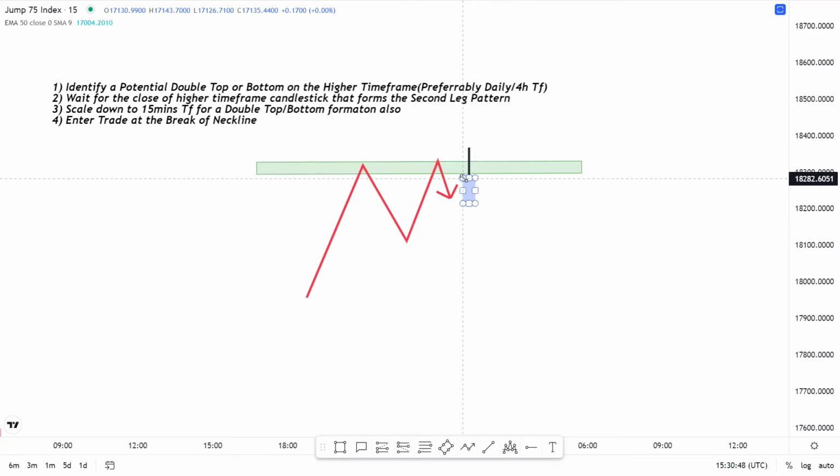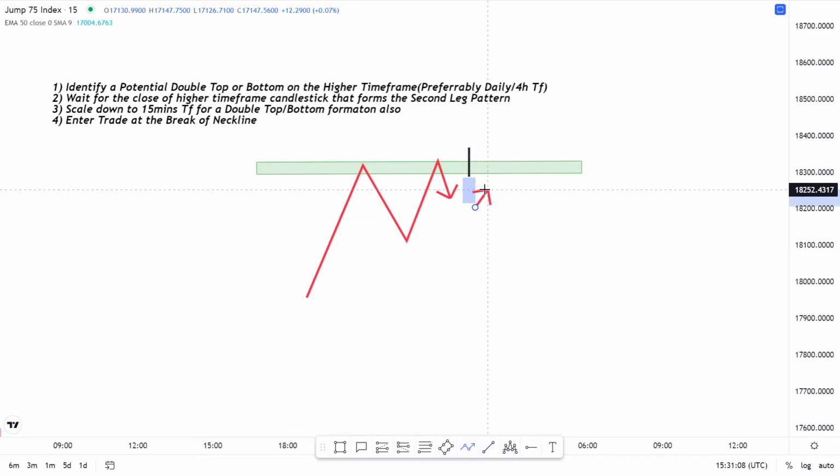Wait for the close of the current 4-hourly candlestick, and then once that happens, at the close of the 4-hourly candlestick, scale down now to the 15 minutes time frame. And then once you get to the 15 minutes time frame, you want to look for yet a smaller M pattern right on the 15 minutes time frame.